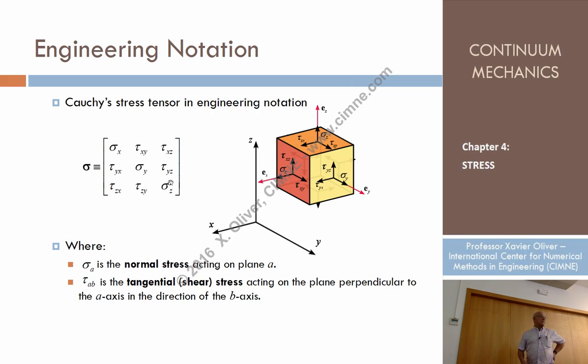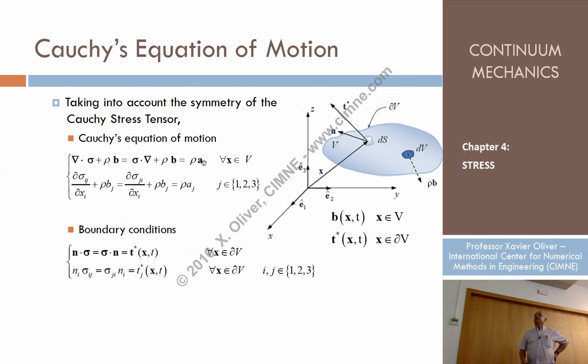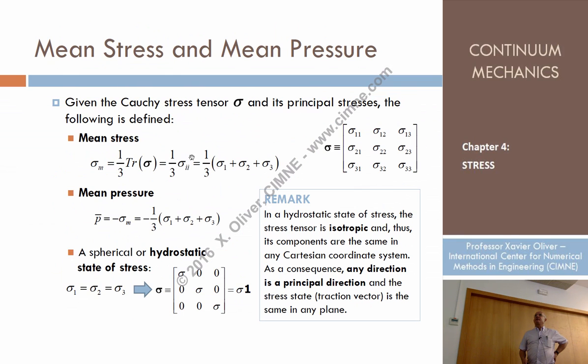So the trace, once divided by 3, gives the mean value of the elements at the main diagonal, which is called the mean stress. As a scalar, it's called sigma m.